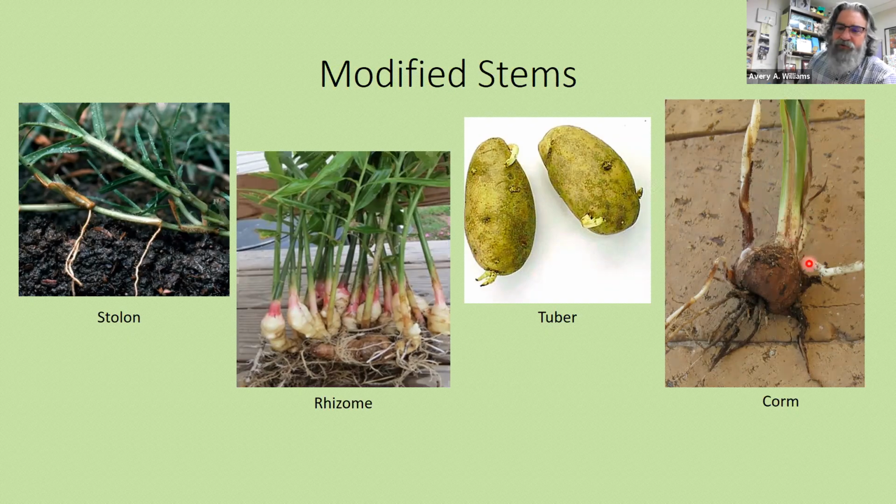Some wildflowers produce corms. Sometimes people will call them bulbs, but technically they're not a bulb, and we're going to see what a bulb really is. But a corm is a modified stem. What type of flower?